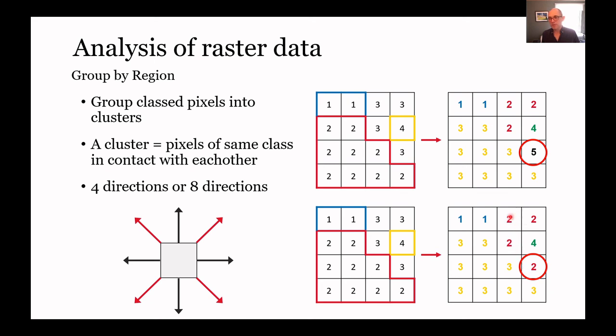So that is now part of this second group, rather than being its own group on its own as it was up here. So this is how we can group raster cells together. It's a very similar algorithm, but we can extend it so that it looks at the diagonals if we want. That is going to be a choice that we have to make based on other information that we have about the data.